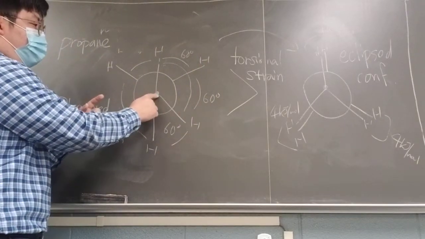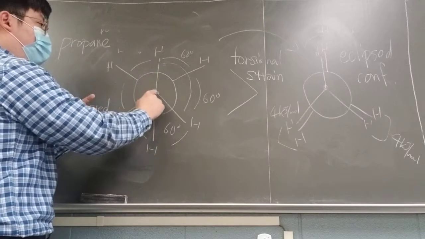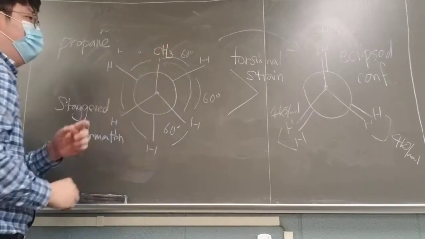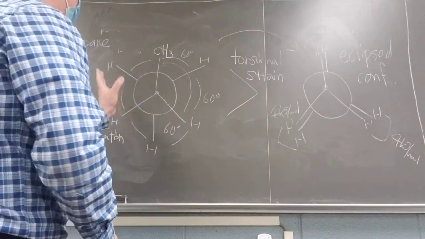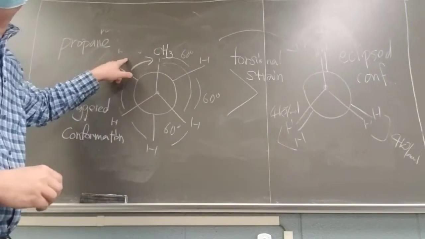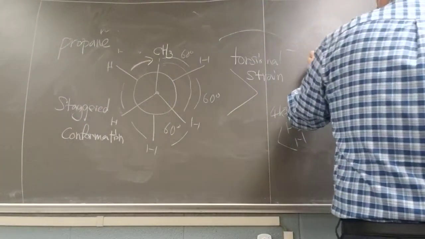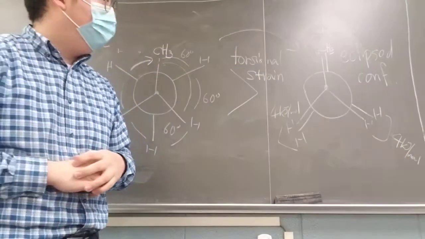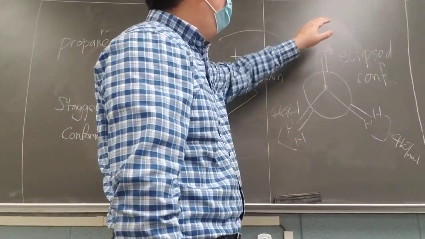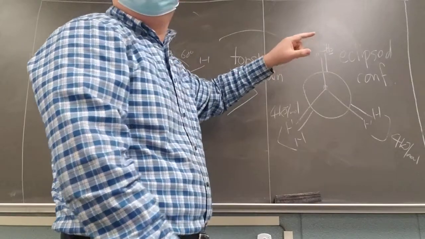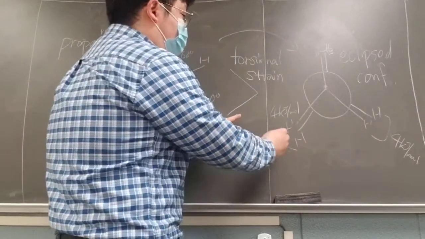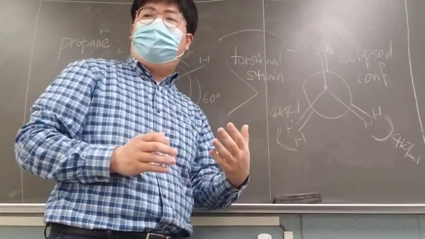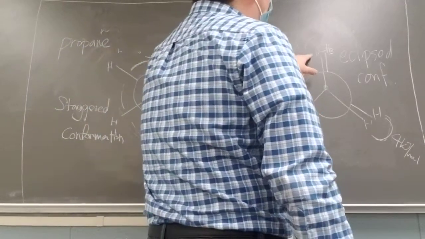So this is still your front carbon, this is still the carbon on the back, but I'm gonna change this one to a methyl group. Okay. So if you rotate it 60 degrees again, you will also have eclipsed conformation, right? But the difference here will be what? This is a methyl group, perfect. So the same amount of energy is still required to force it into that eclipsed conformation position, but this will be even greater, right?